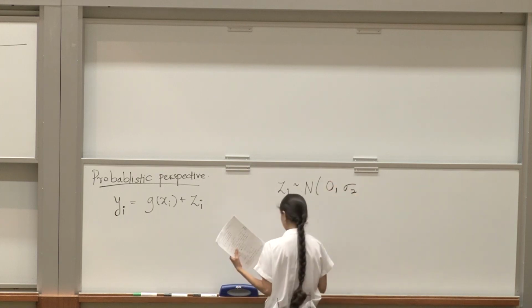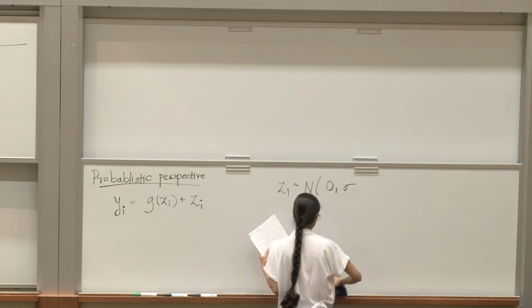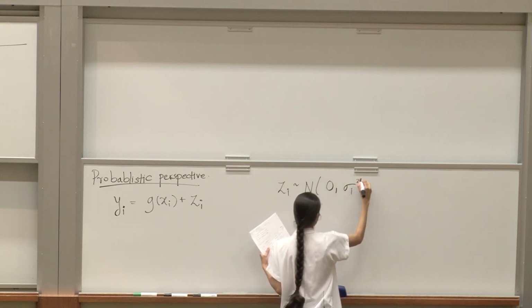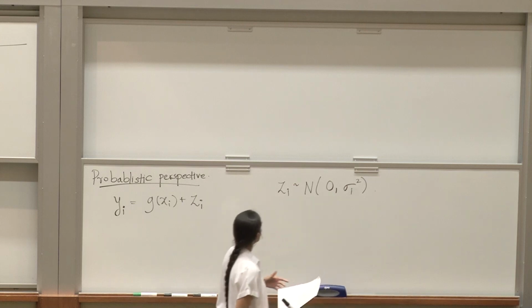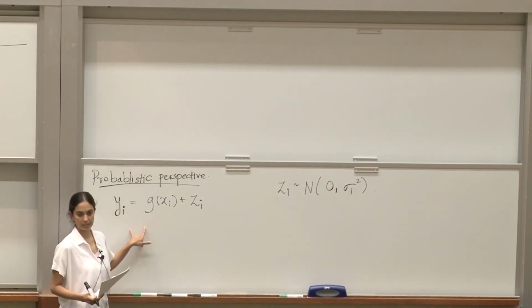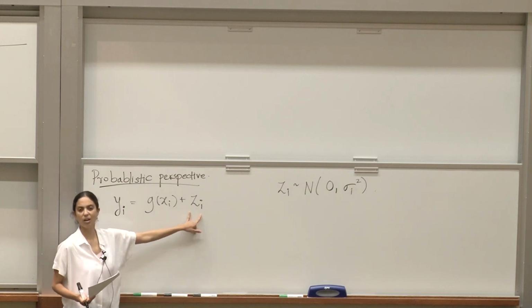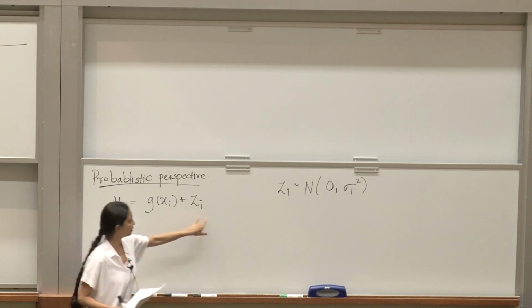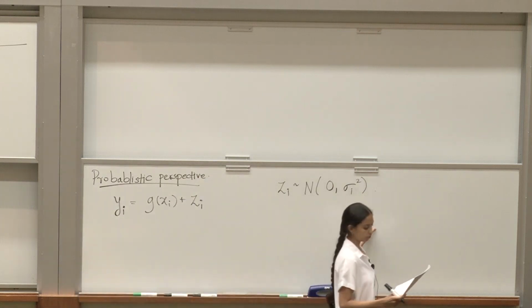Or let's say not even sigma squared, let's say it's not the same, let's say sigma_i squared, okay? So that means I know this relationship exists, but I know that I have some corruption by some kind of noise, and this noise is modeled by a normal distribution.